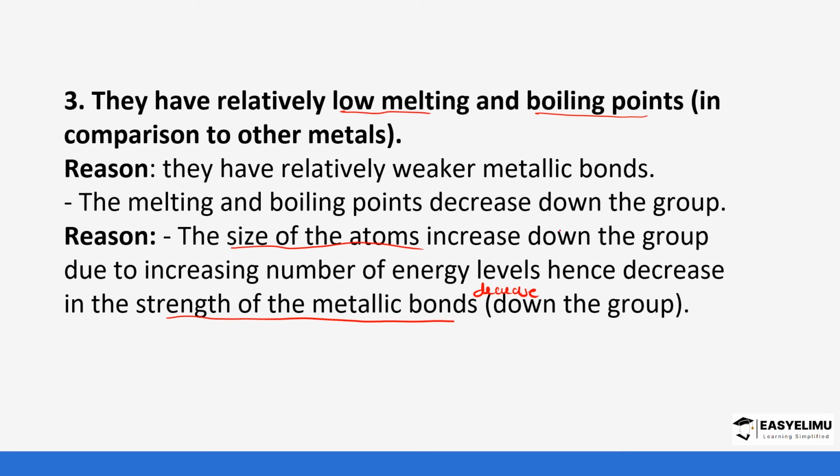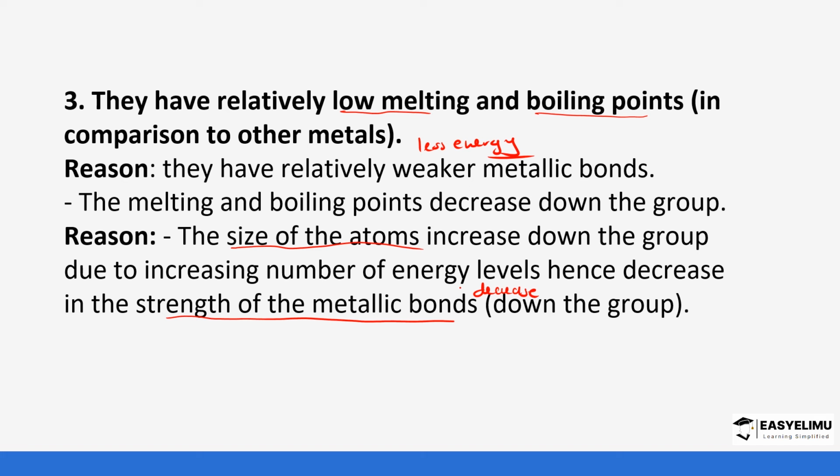So the bigger the size of the atom, the less strong the metallic bond. If there is a weaker metallic bond, it will require less heat or less energy to break the metallic bonds.